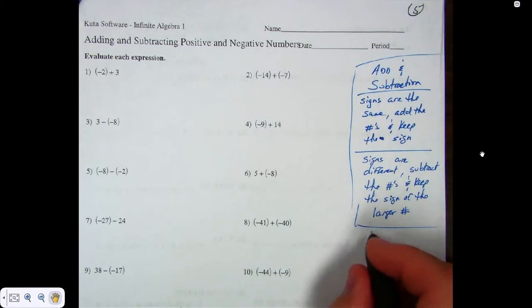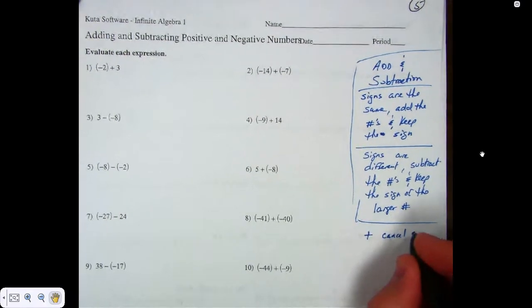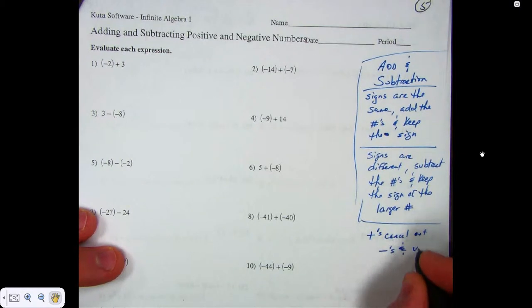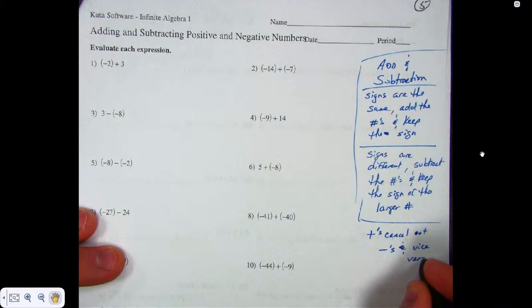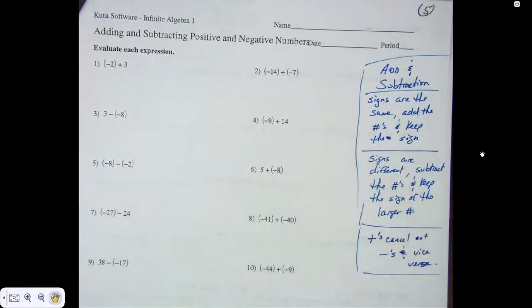Another thing I'm going to write, positives cancel out negatives, and vice versa. If you'll think of it like that, you'll be fine.